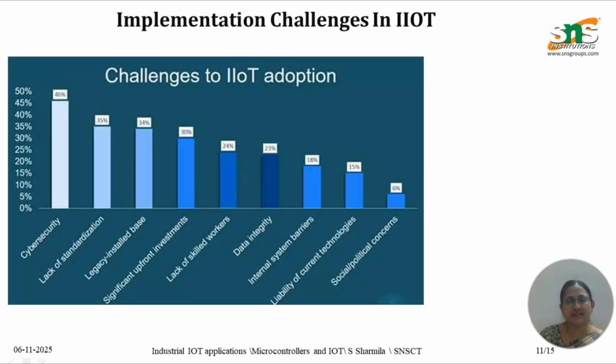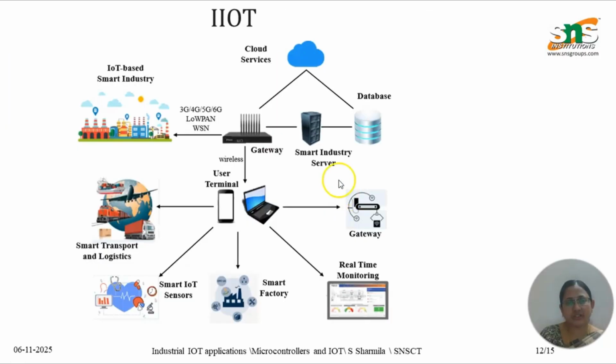Addressing these challenges is essential to ensure a secure and scalable IIoT deployment. Let's move on to the IIoT application, which includes a cloud service, database, IoT-based smart industry, and smart transport and logistics. The data are stored in the cloud and we can get the analyzed and visualized data.